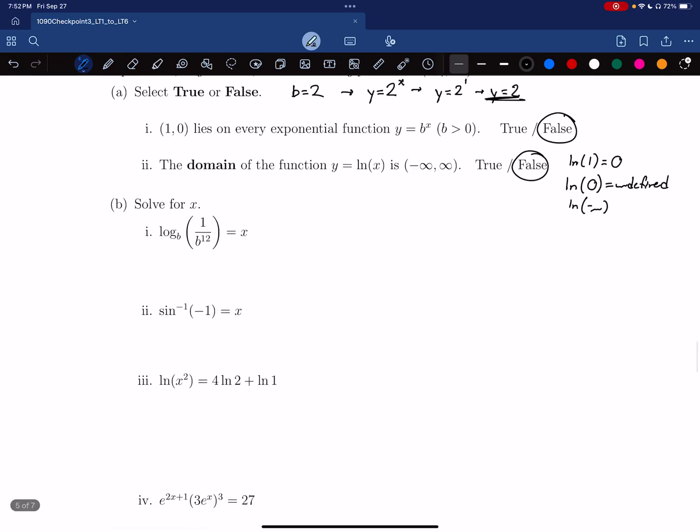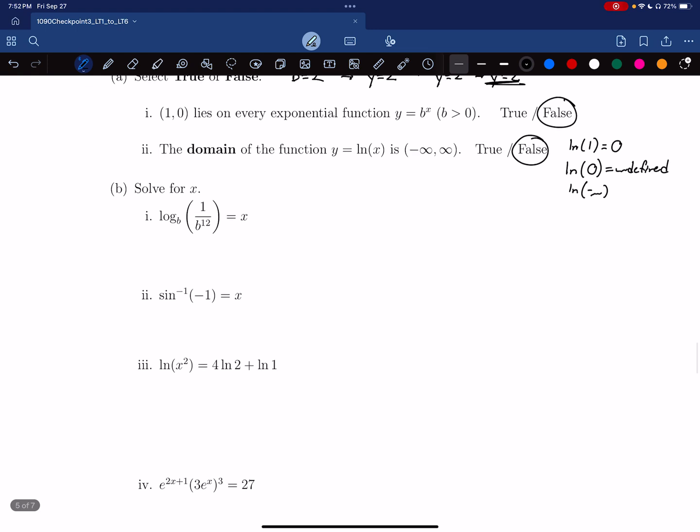Now we're asked to solve for x in 4 different equations. First one being a regular logarithm. So we have log base b of 1 over b to the 12th equal to x. Just using the logarithm definition, let's write this as b raised to the x power, that x comes over here, equal to 1 over b to the 12th.